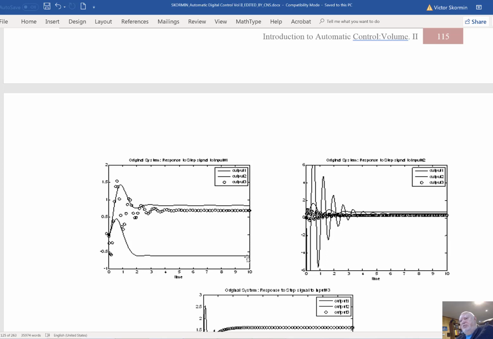My system works in the sense that every channel shows some transient processes, but eventually all these outputs settle.